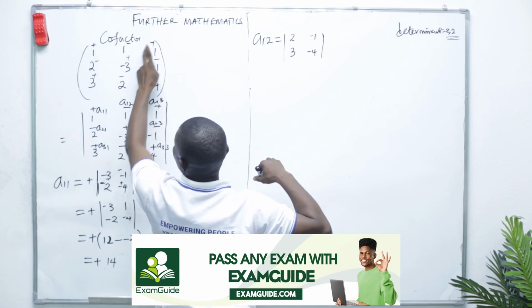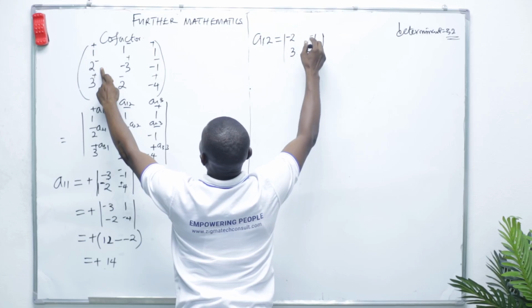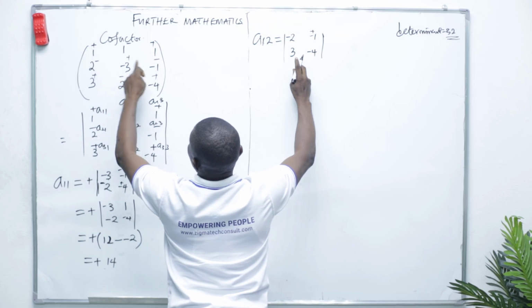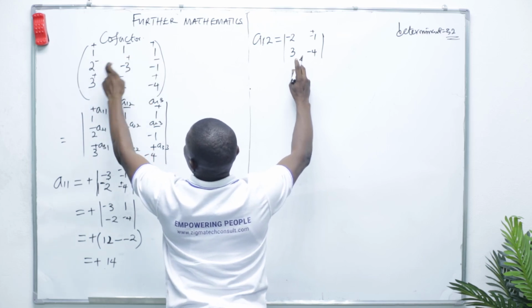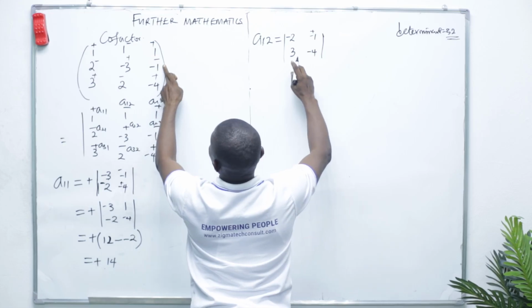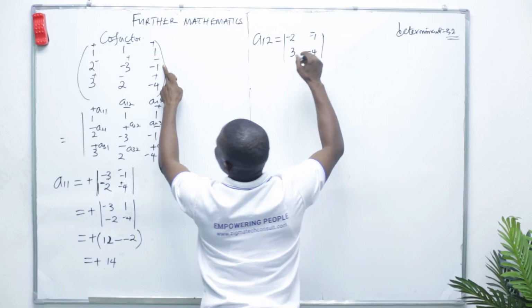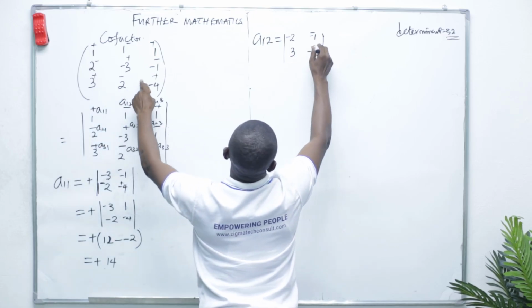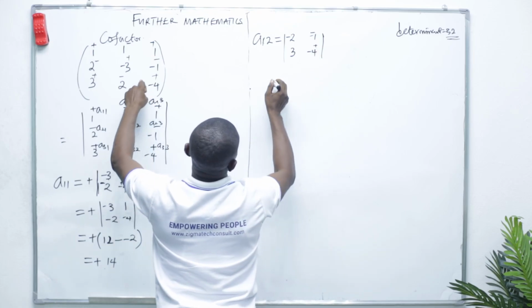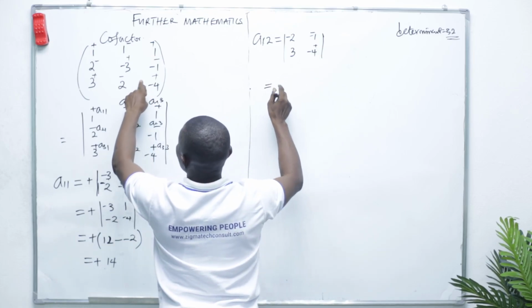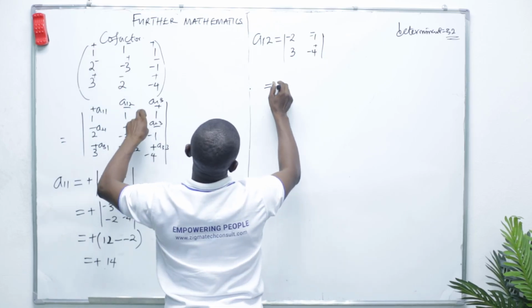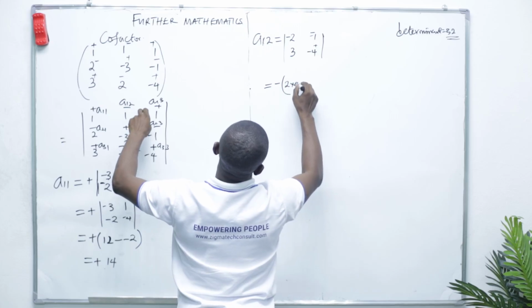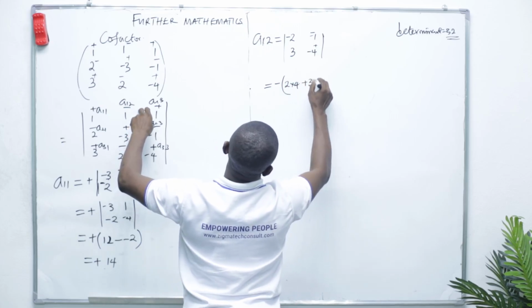What sign is here? It is a minus sign. 2 times 4 plus 3.